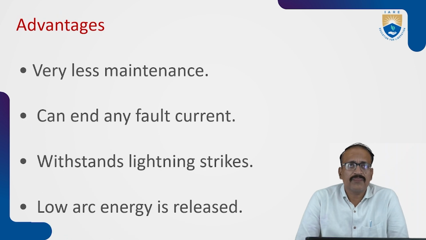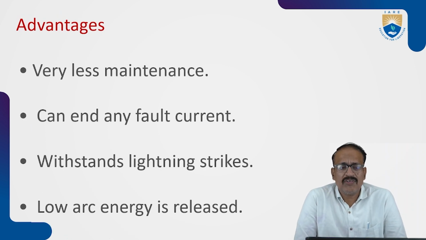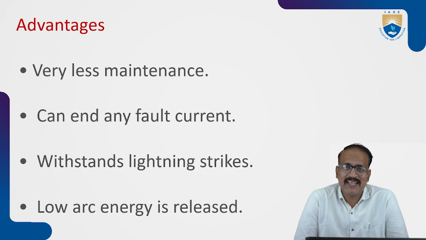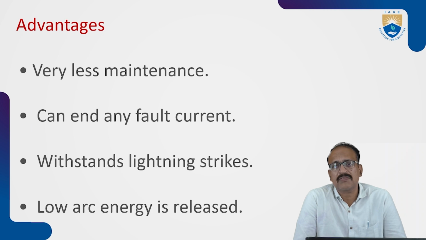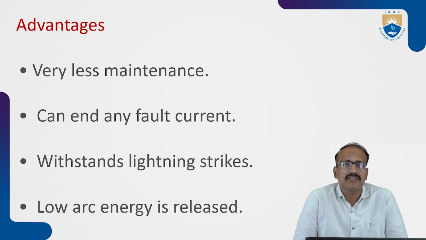And also it requires very little maintenance, and it can interrupt or extinguish any fault current, however high the fault current may be. It can interrupt because it is vacuum.